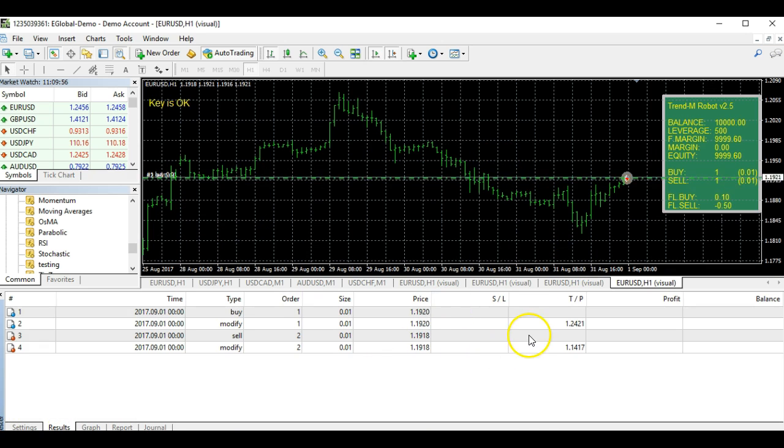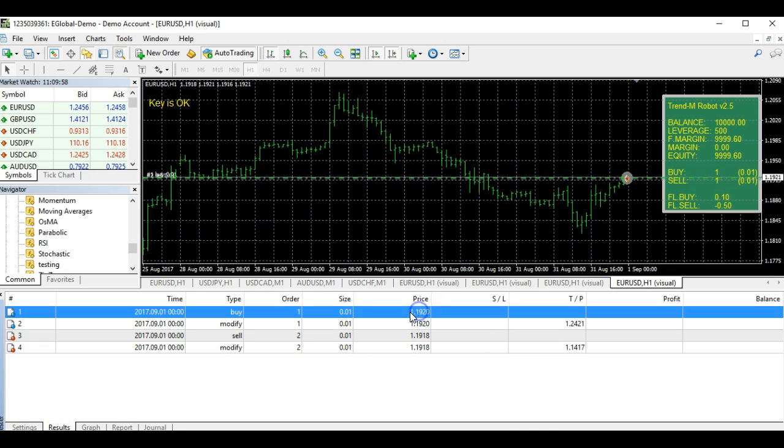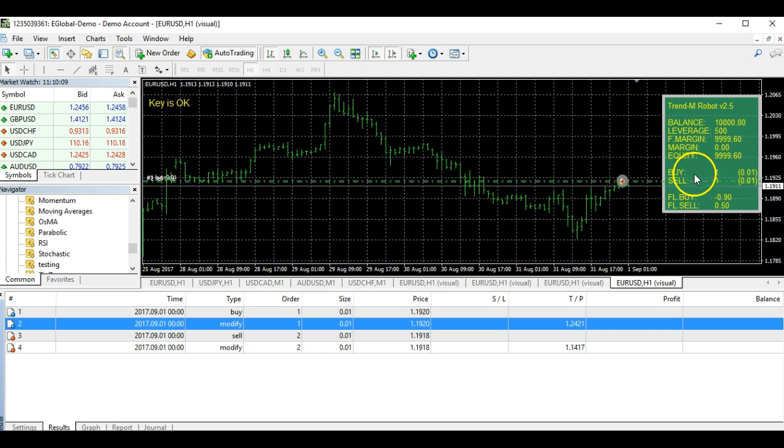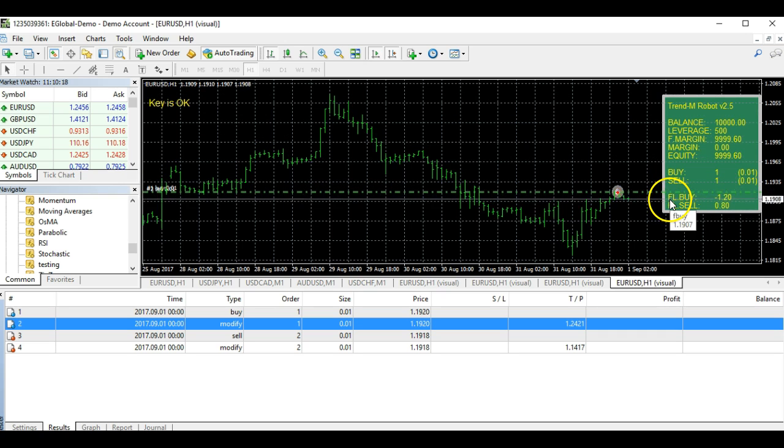Okay, so the EA starts working, so you can see that. So how this works, you can see it over here. On our visual here, the buy is already in one level, sell is one level as well, and then your buy is already at -1, and sell is earning at 0.9, all right, $1.